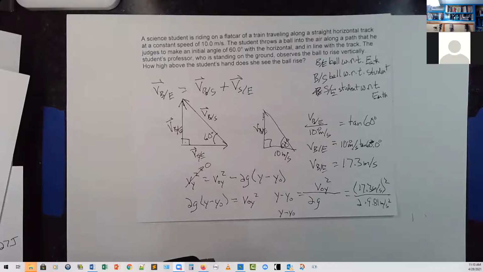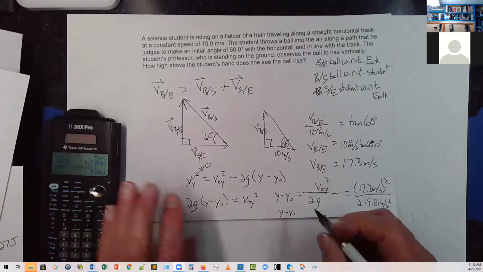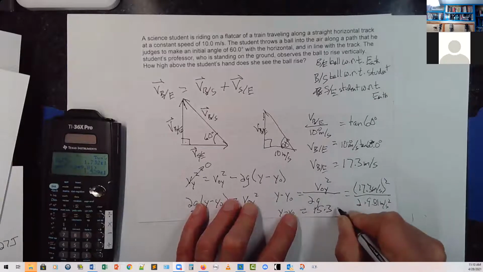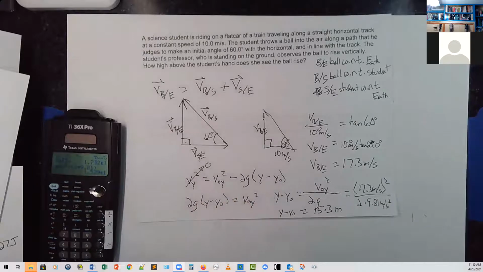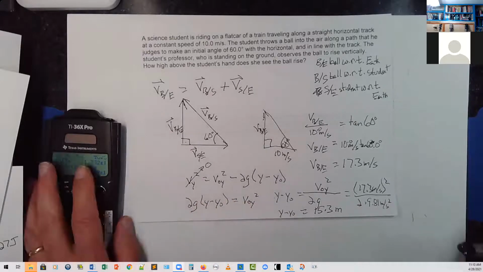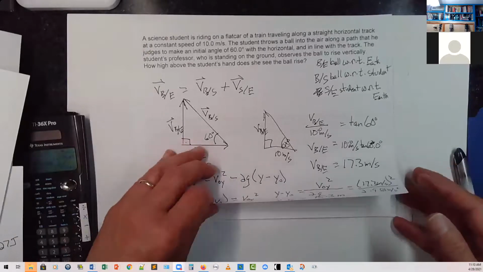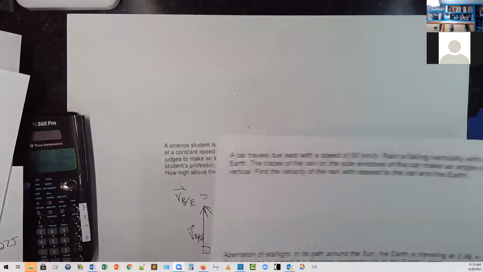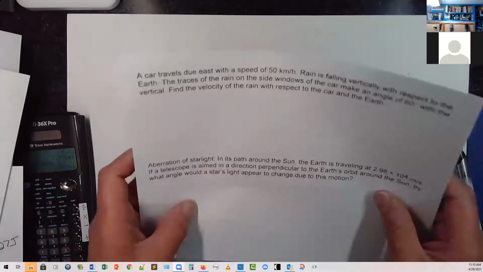Oh, let's see. 300 should be around 15 meters, and it is. Okay. 15.3 meters is how high that thing happens to go. So this was kind of a tricky problem. Let's see how bad the rest of these get.